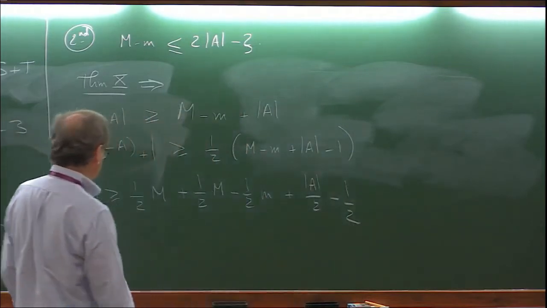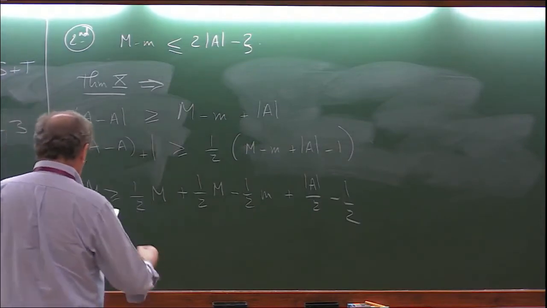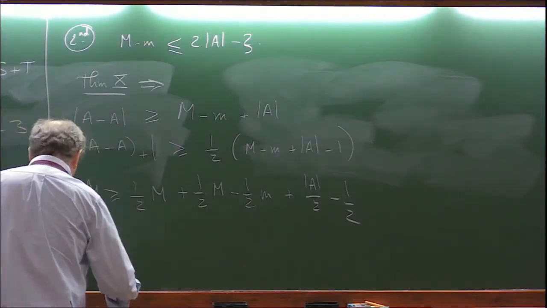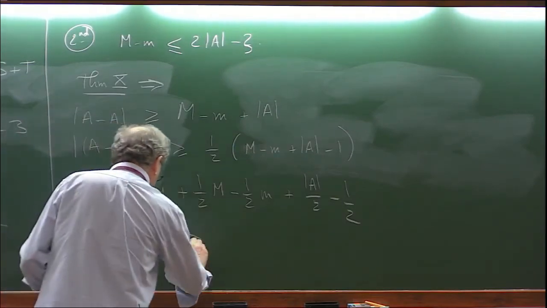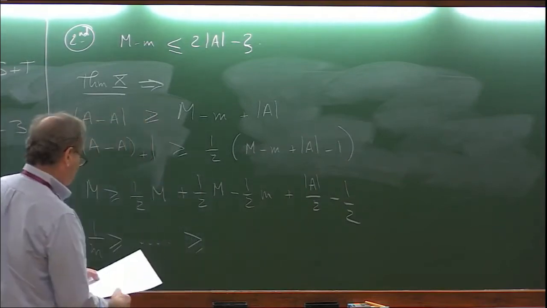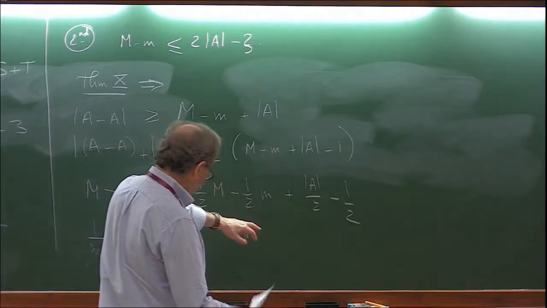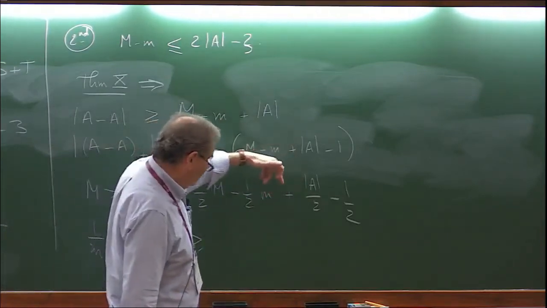Okay, this is just what you get from this, using always this relation, okay? So you get that, and again, it tells you something about 1/2 of M is larger than, maybe I squeeze some little things, and you will get something that this is larger. You see that it tells you something about M using the fact that you know something about the cardinality of A.